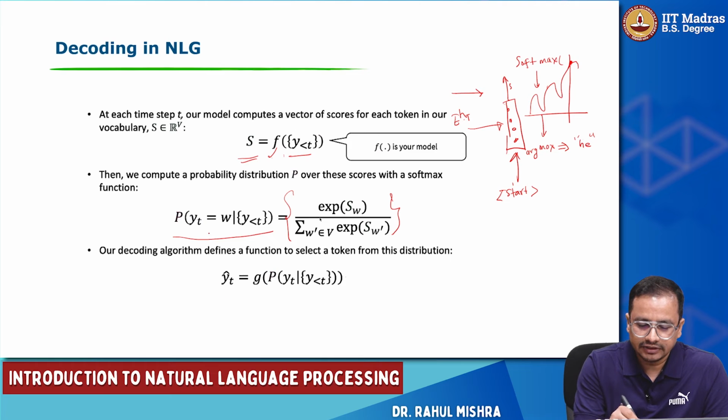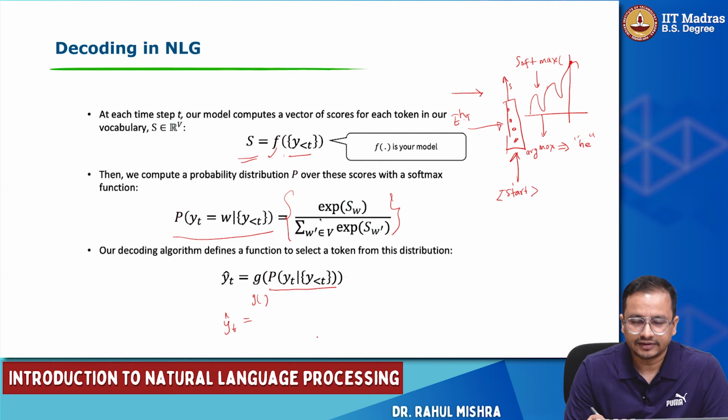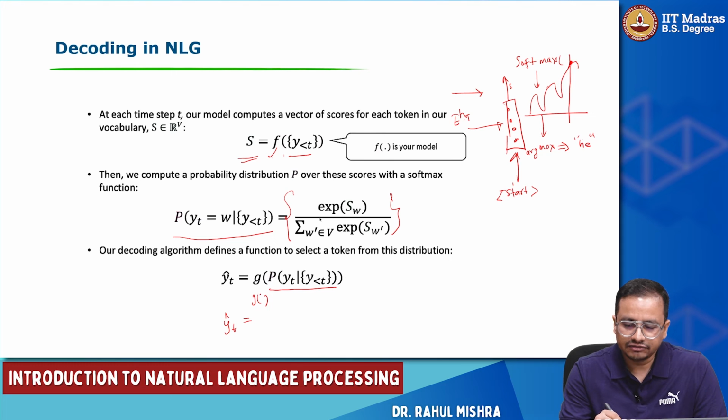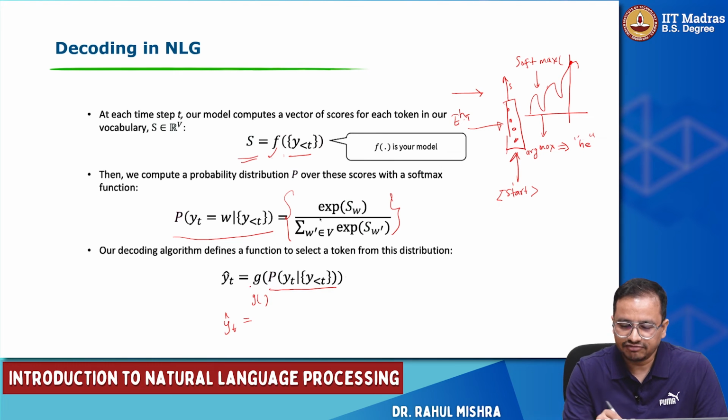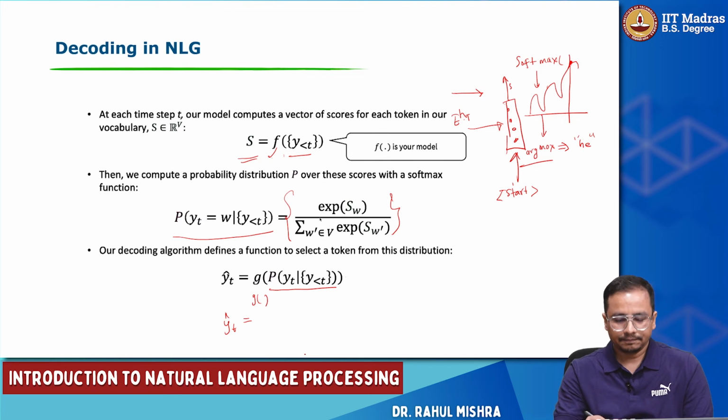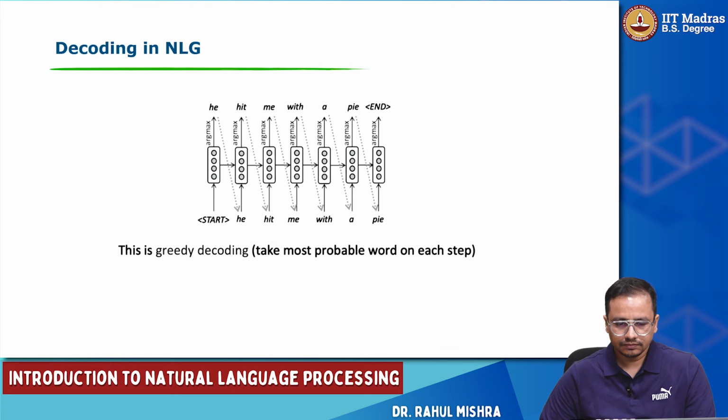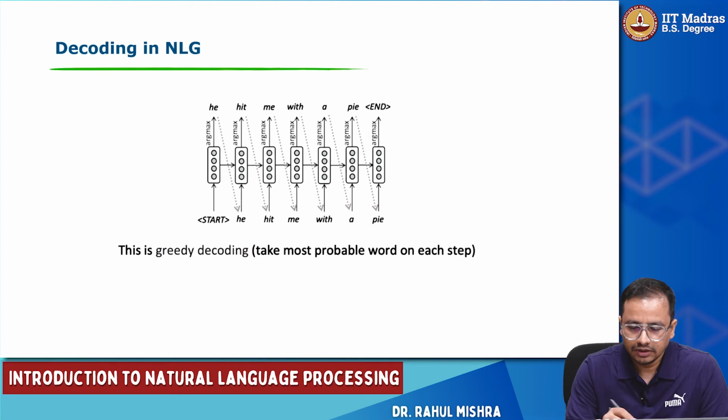After that, you apply a function g, which will give you the predicted word as output. In the case of greedy decoding, this g function will be just argmax, which is selecting the maximum probability.